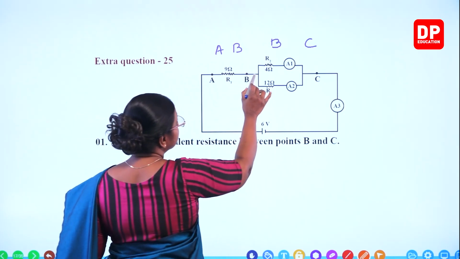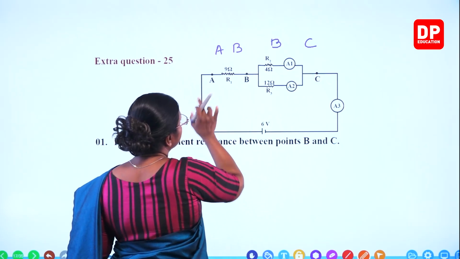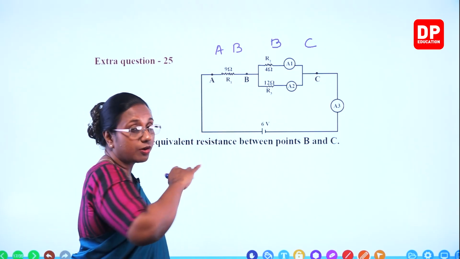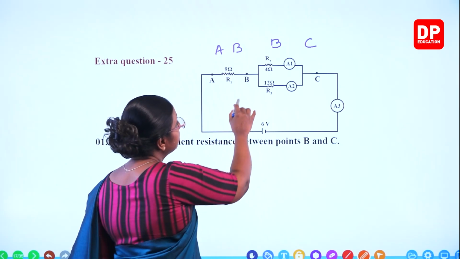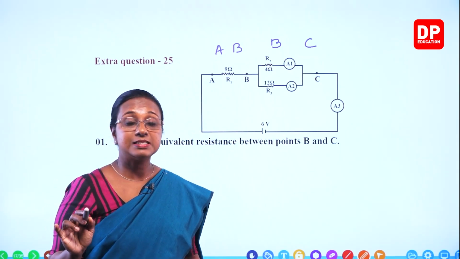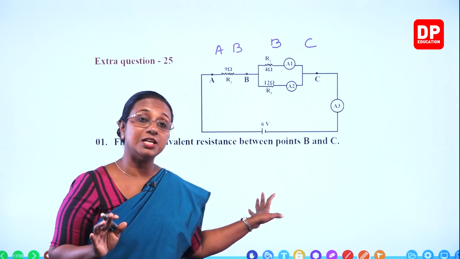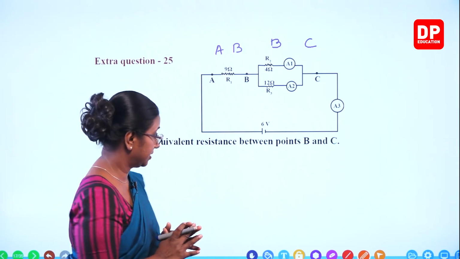From this point the current will get divided, but across R1 and through this, the total current is going to be the same. You have to combine all the knowledge that you have related to combination of resistors.